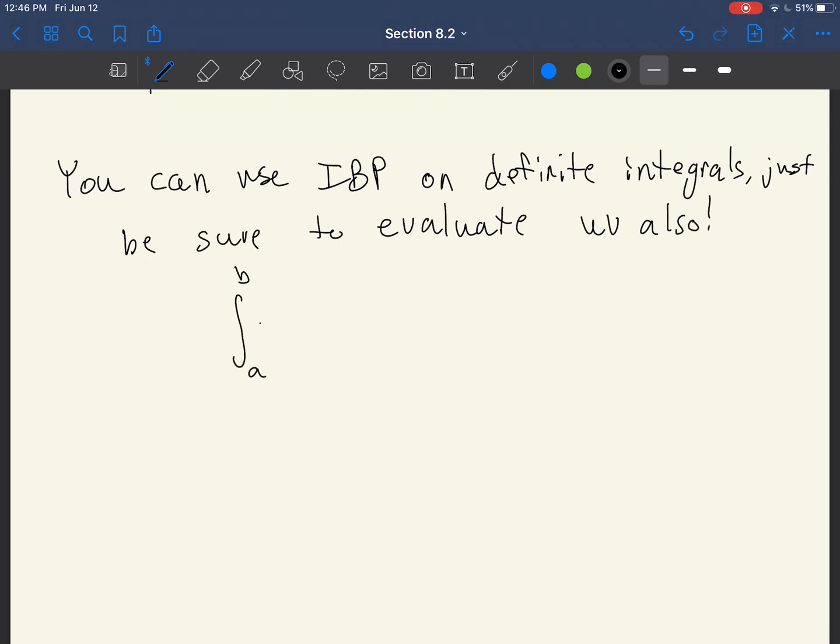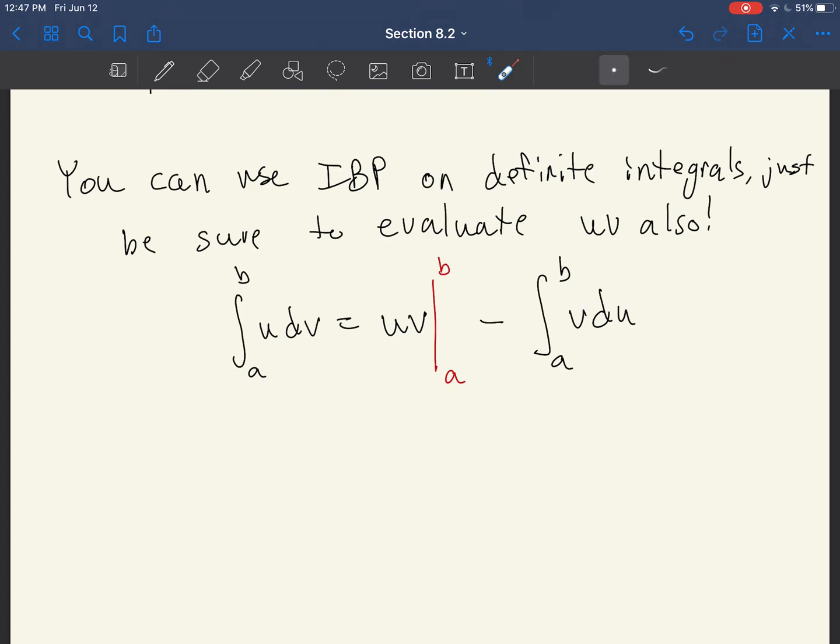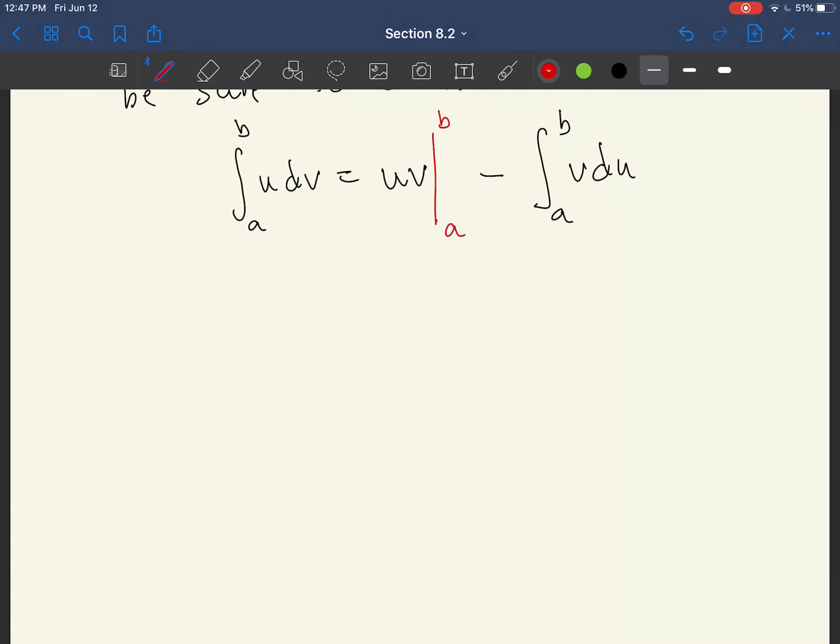So what do I mean by that? The integral from a to b of u dv, writing out the integration by parts formula, you have uv minus the integral from a to b of v du. So make sure to transfer these limits over to your new integral. But be sure that you also translate those limits to this u times v. So make sure to evaluate u times v from a to b.